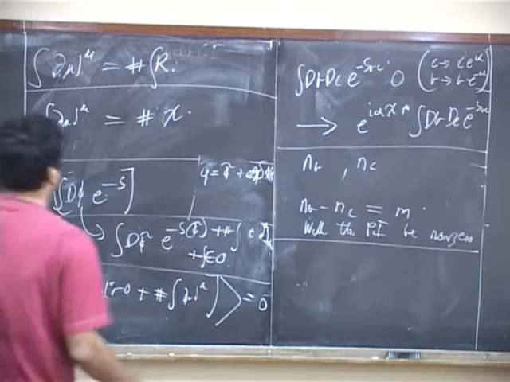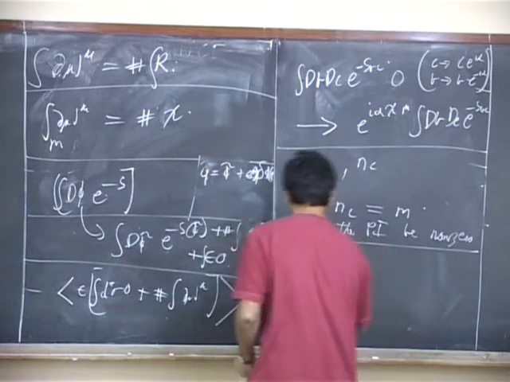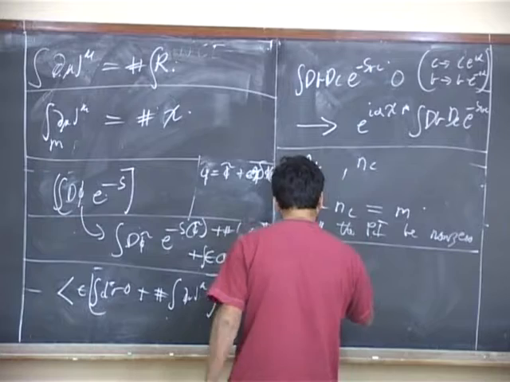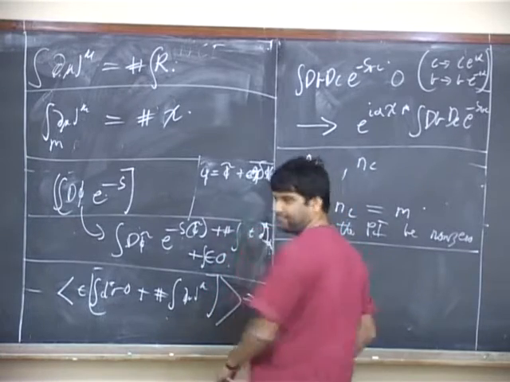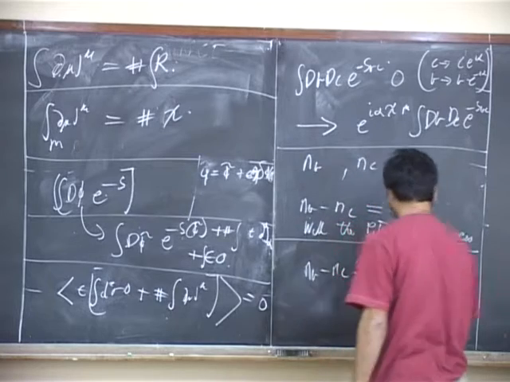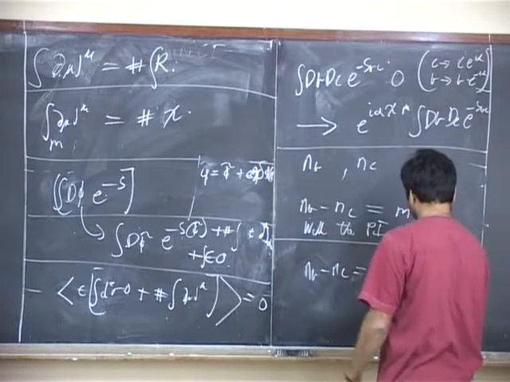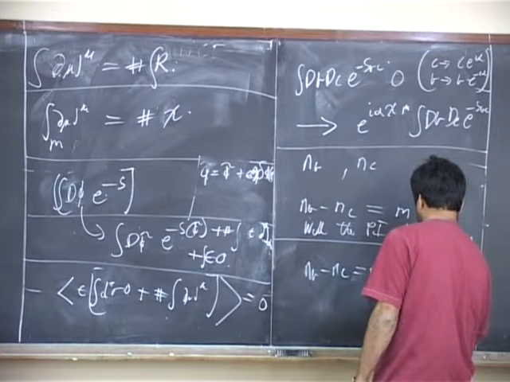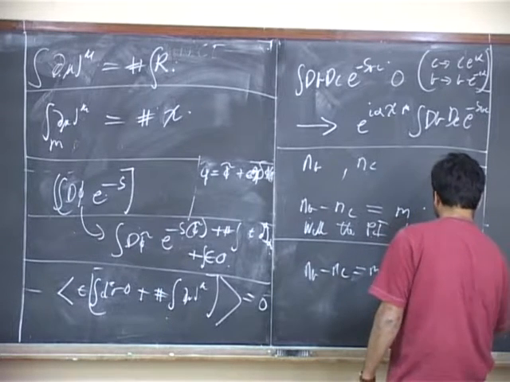So we conclude that NB minus NC, which is equal to M, is equal to the number of B0 modes minus the number of C0 modes.